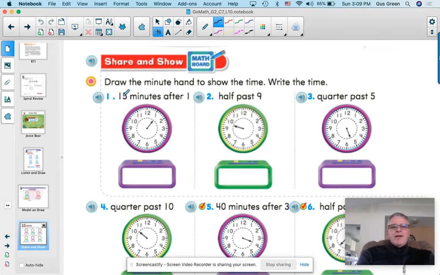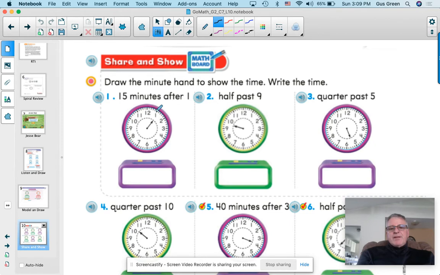So on number one, it says 15 minutes after 1 o'clock. And you'll hear people say that. They'll say, what time is it? And I'll say, it's 15 minutes after 1. So what they mean is the hour hand is pointed at the 1 and the minute hand is pointing 15 minutes after 1 o'clock. So we know the 0 starts right at the 12, and then every number on the clock is counting by 5 minutes.